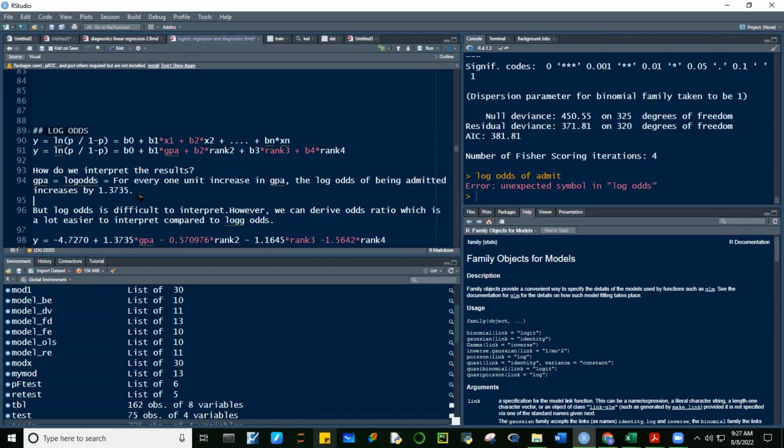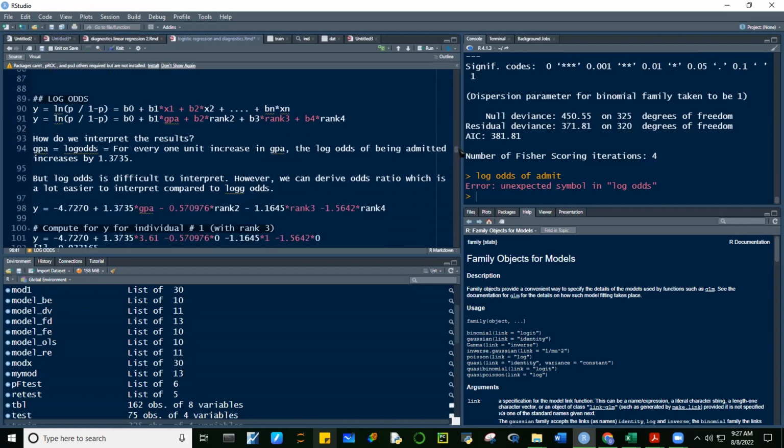However, ang hirap i-interpret ng log odds, no? Log odds is difficult to interpret, but we can derive the odds ratio, which is a lot easier to interpret compared to the log odds. Ano nangyari dito?